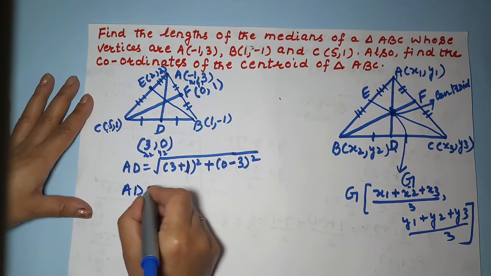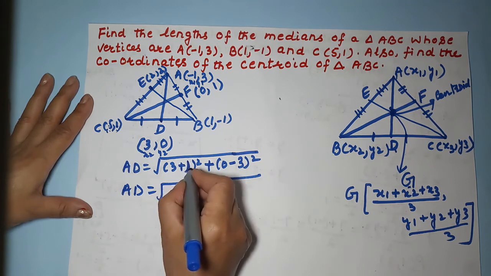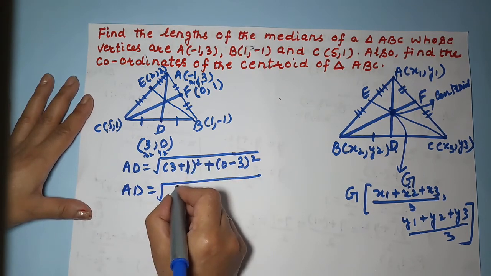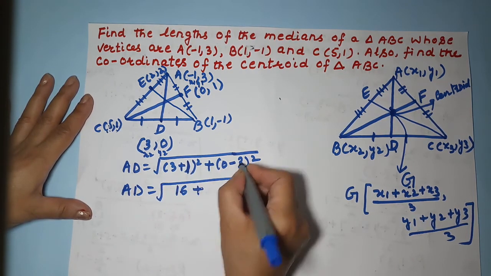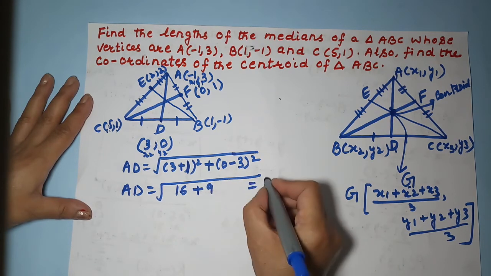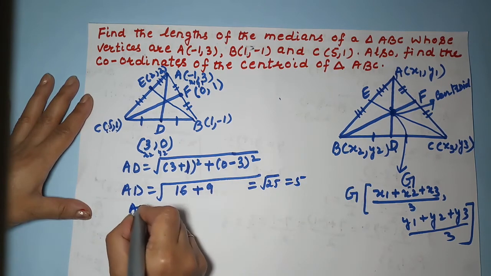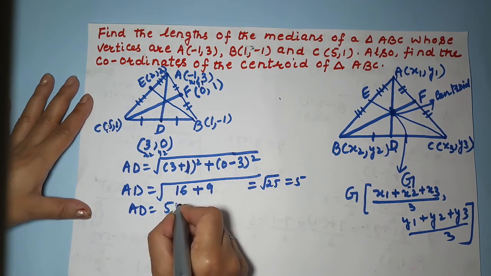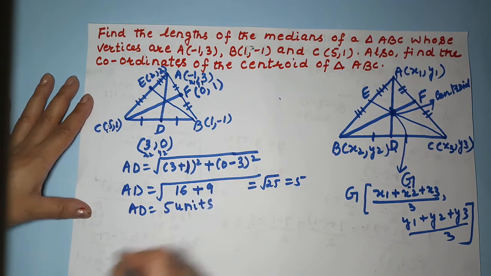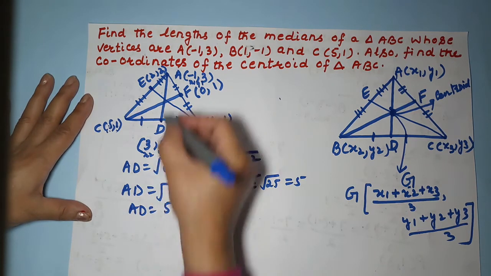So AD becomes under root of (4 square is 16) plus (3 square is 9). So this becomes under root of 25, which is 5. So your AD is 5 units. You have calculated the length of AD.